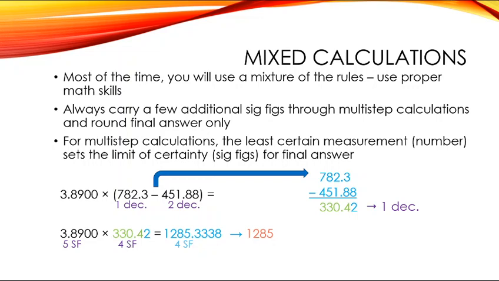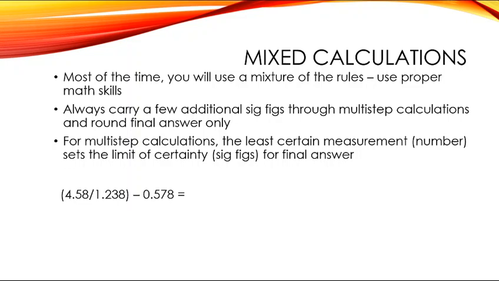And so even if we switch it up and change the order of the operations here, so if I have 4.58 divided by 1.238 minus 0.578, we know we need to do the division first. And going by the rules we've discussed, division looks at the significant figures.